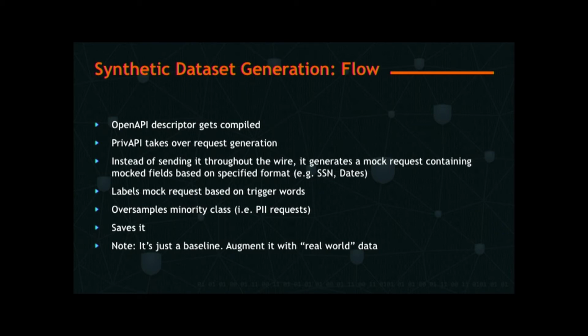So that's what we used. One important note, this is just a baseline for you to get started. Then ideally you want to get some real-world data into the model, because it's going to be very domain specific.